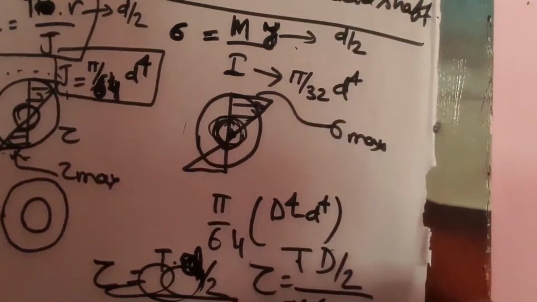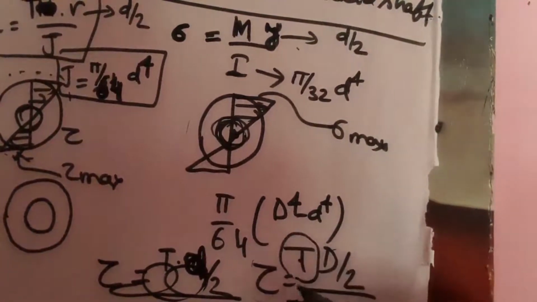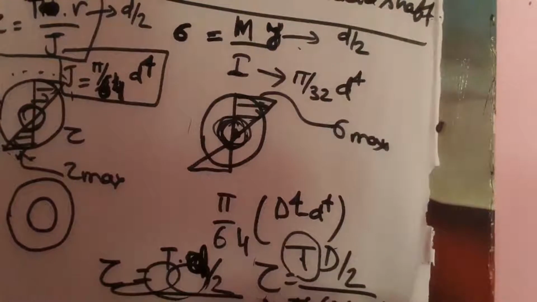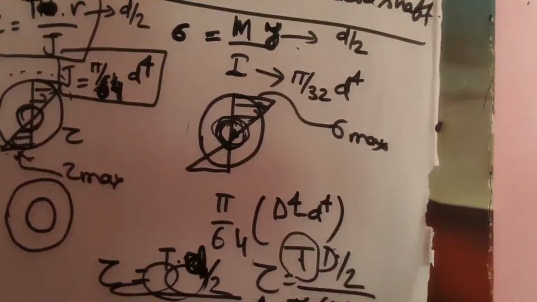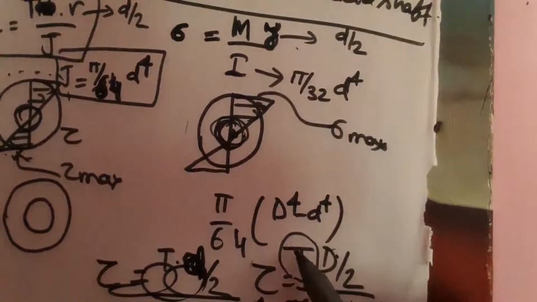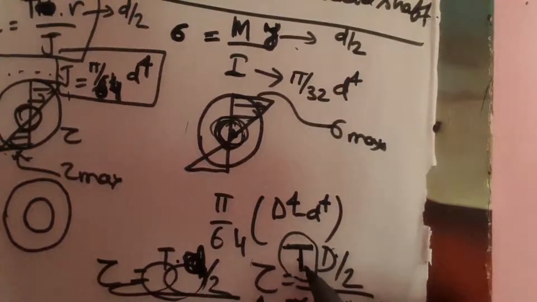So keeping tau constant, you can have more amount of T.